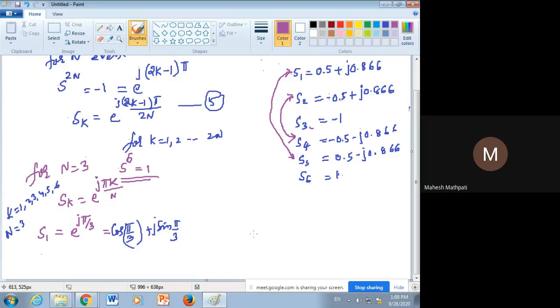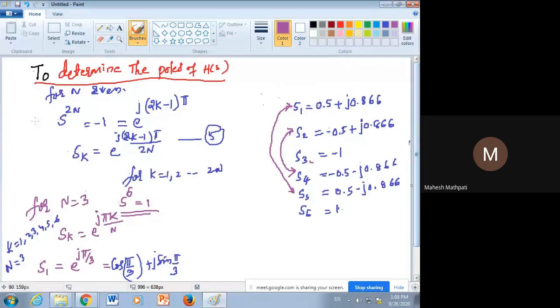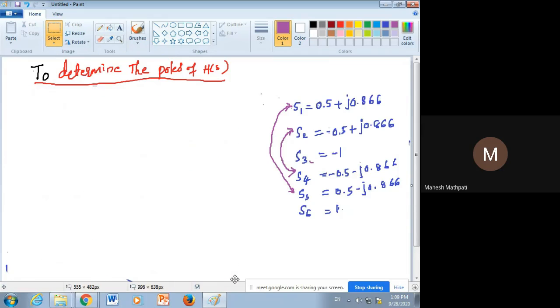Just write one line here. All the above poles are located in the S plane, as shown in figure.